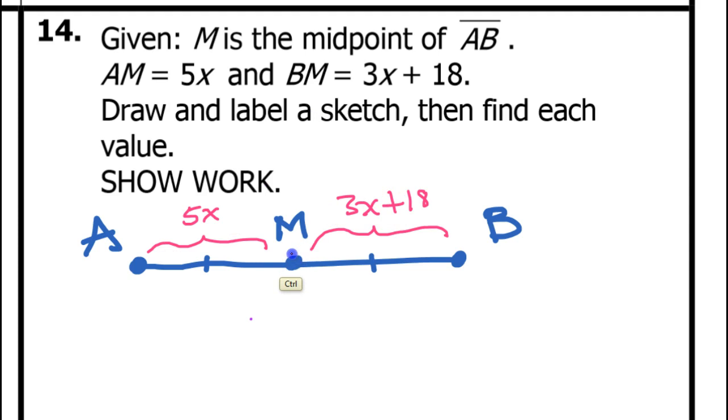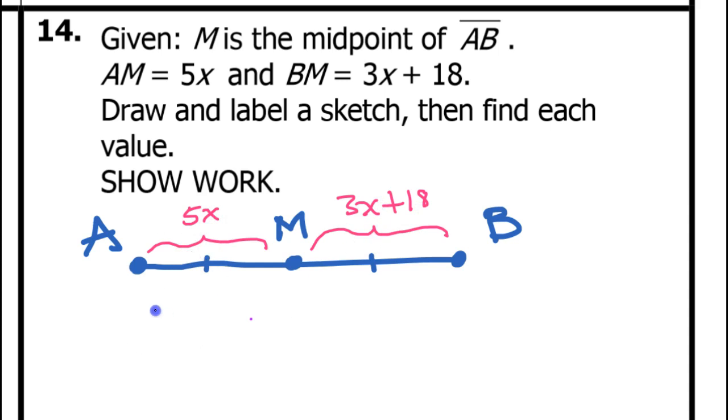When you're dealing with segments and bisectors or midpoint, there are really only two possibilities. Either these are going to be equal to each other, or you're going to have a half and a whole, and we'll say 2 halves equal a whole. So, is this a 2 halves equal a whole situation, or is this a half equals half situation? Clearly this is a half equals a half situation.